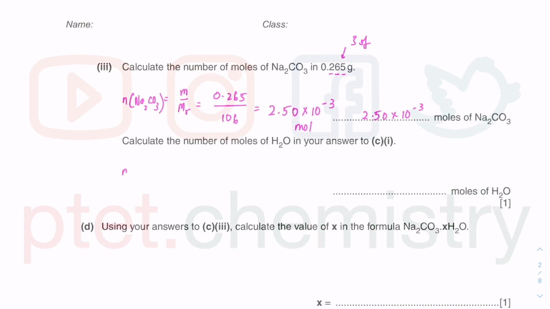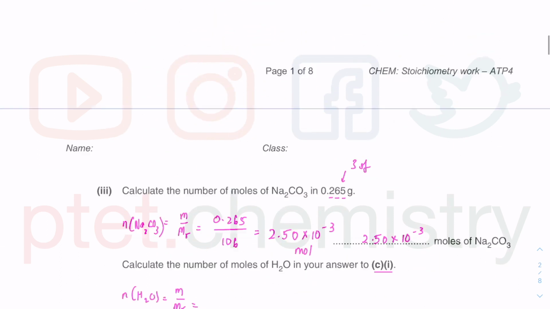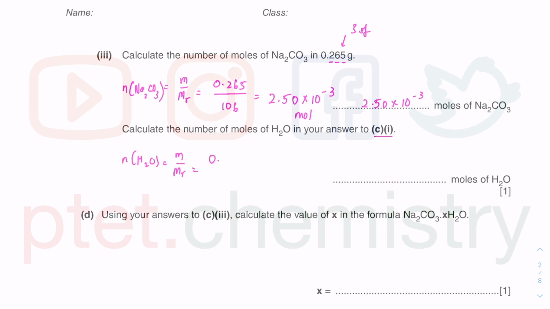So the mole of water here, you're given the mass. So C1 was just basically the mass of water driven off, 0.450, as I said, 3 decimal places based on the accuracy of the mass balance, and then divided by the Mr, which you calculated in the previous part of the question. So 0.45 divided by 18, I get 0.025.